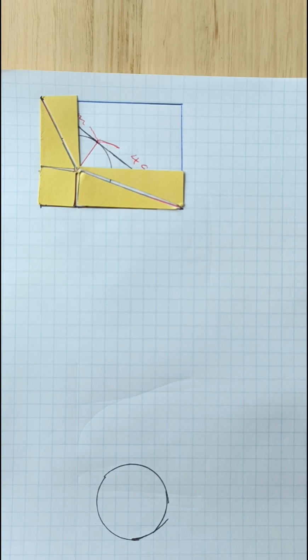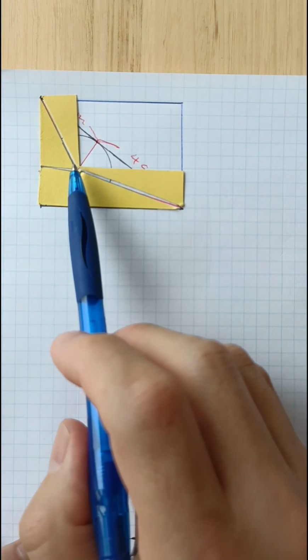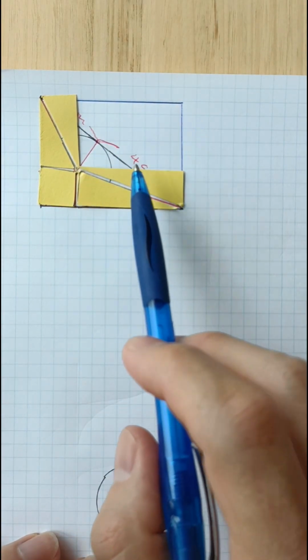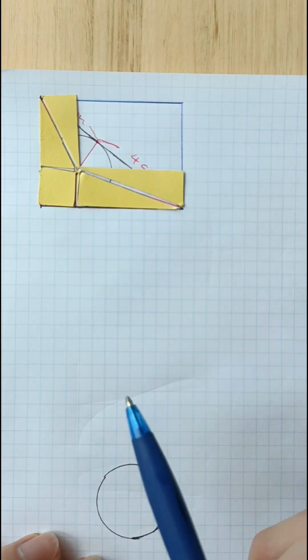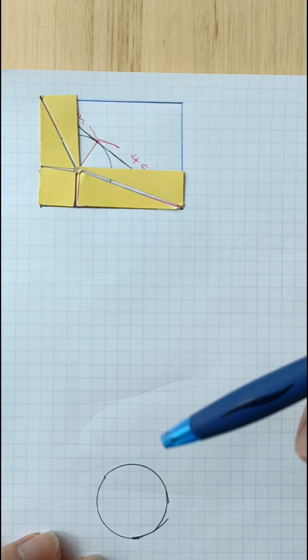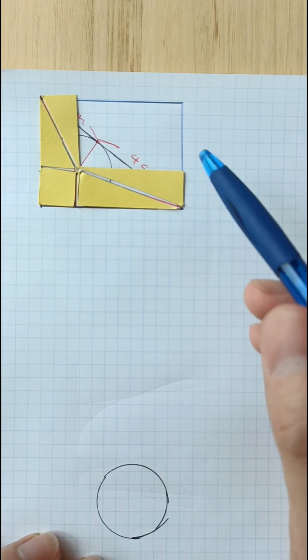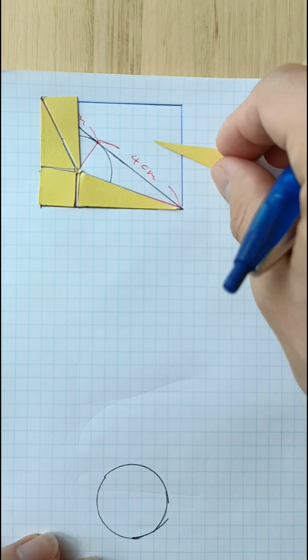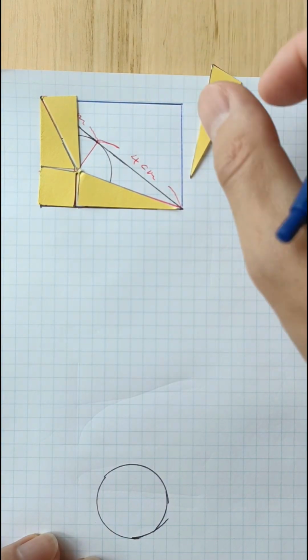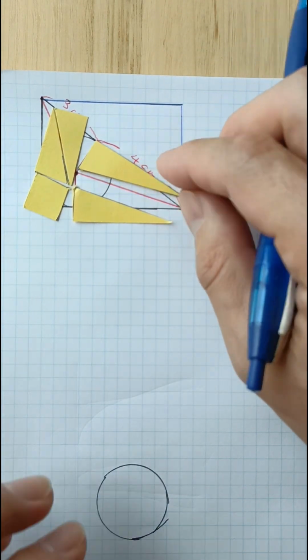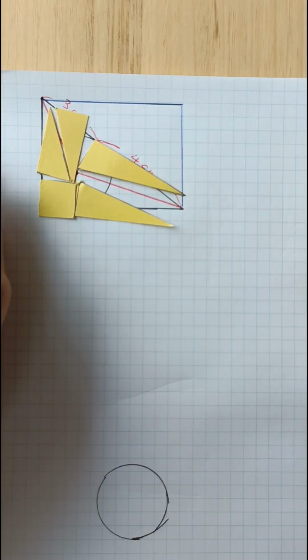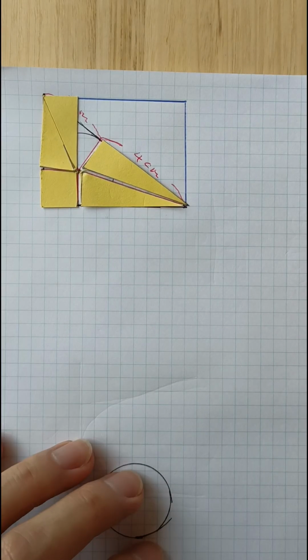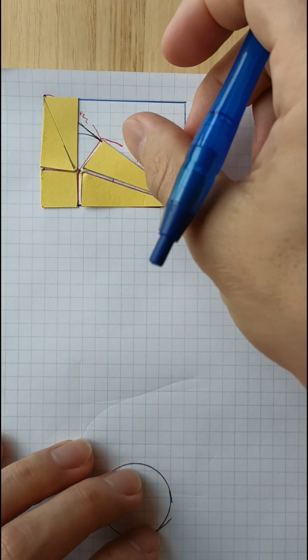Then if you look at this area, you managed to make a rectangle here, isn't it? Okay? And how long is it from here to here? This one used to be here, okay? Right? So this one was 4 centimeters.